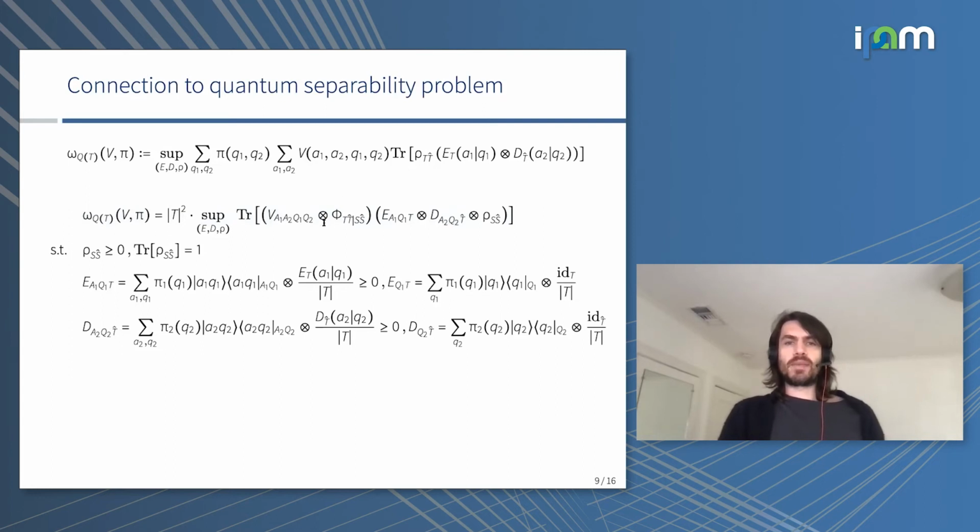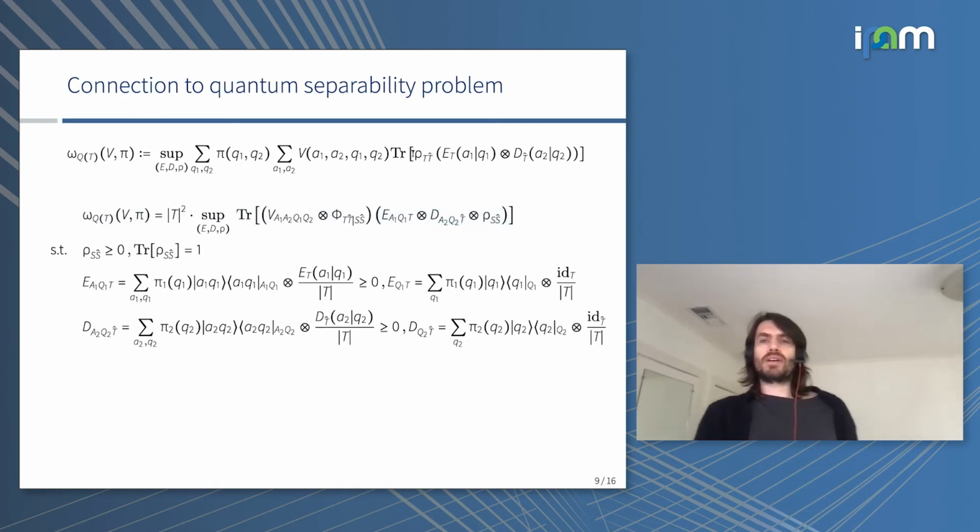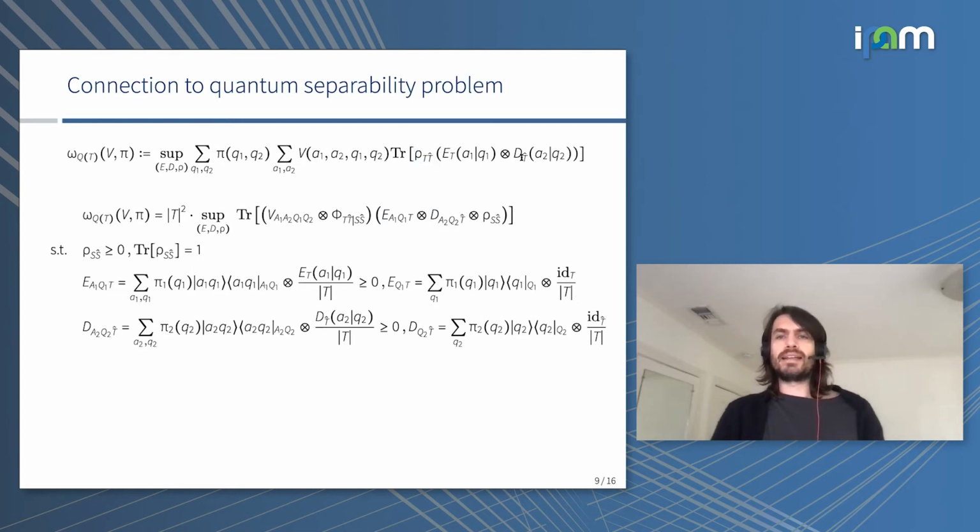This thing here is the maximally entangled state. What is interesting is that in the trace we now have the tensor product of E, D, and rho. Before, there was a product between rho and the E and D measurements, whereas now the objective function is linear in each of these three arguments. One can achieve this with the so-called swap trick; it just linearizes the objective function in that sense.